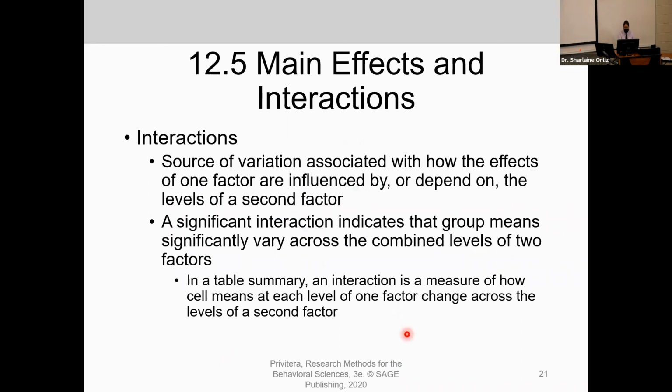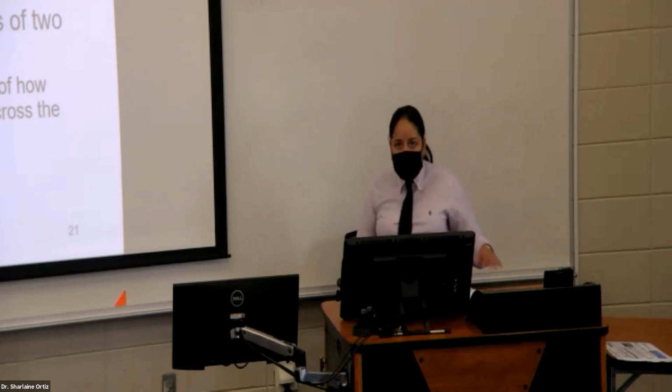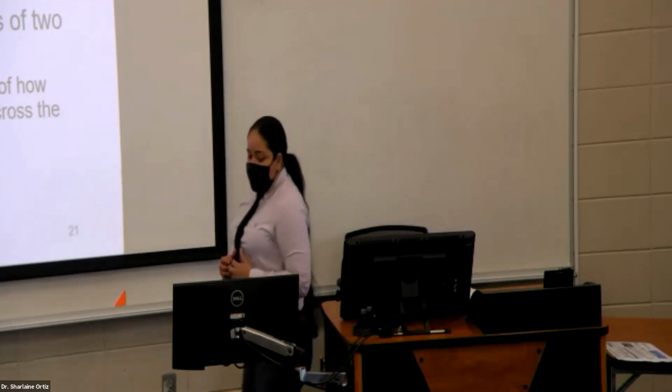Now, like I mentioned earlier, sometimes we're going to have interactions. When we have interactions, what we're trying to say is that the variation that you found in the dependent variable is going to be associated with how the one factor may be influenced, may depend on a level or the levels of the second factor. If you remember, we talked about main effects.